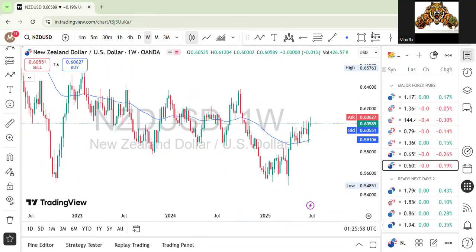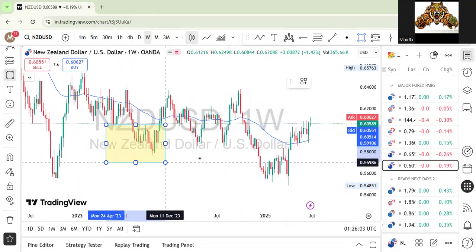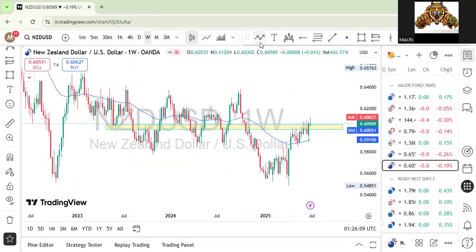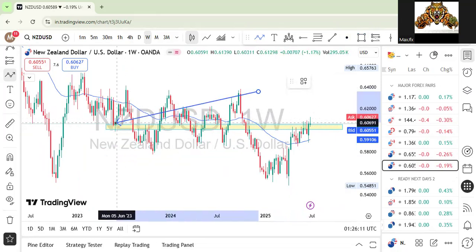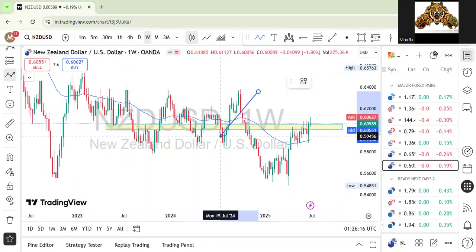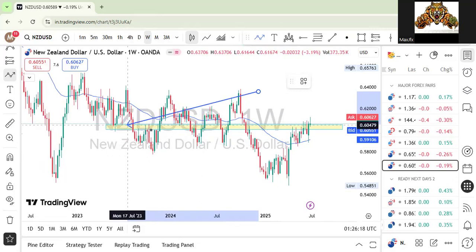Then at least three touches. You can easily spot this right here. So you can see like four touches right here. So one, two, three, two, three, two, three.